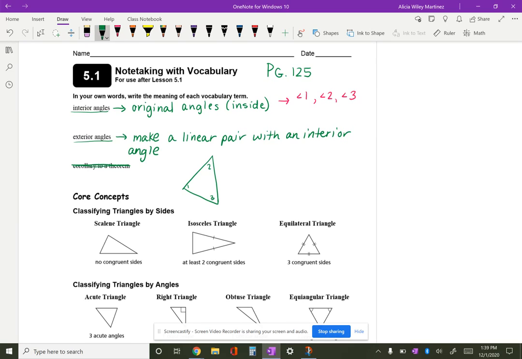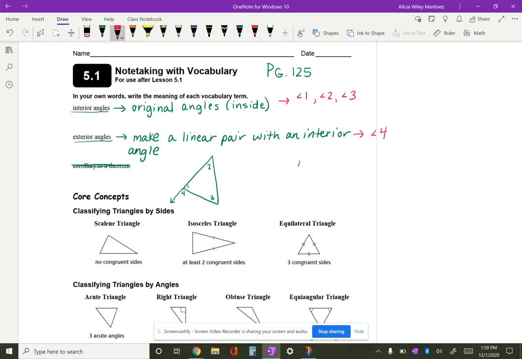An exterior angle is going to occur if I take a side of that triangle and I extend it like that. It's going to create an angle here on the outside. I'll call it angle 4. Okay, that would be what we call an exterior angle. So an exterior angle is going to be something like angle 4.